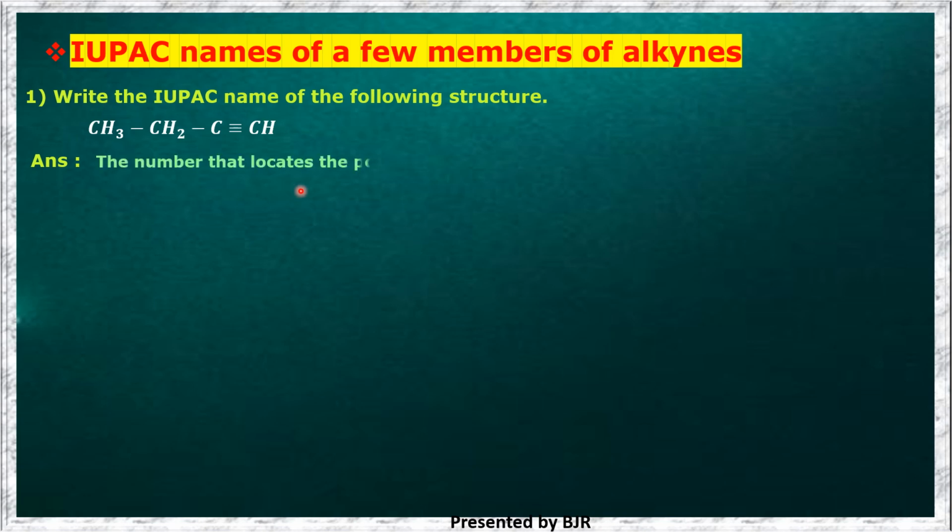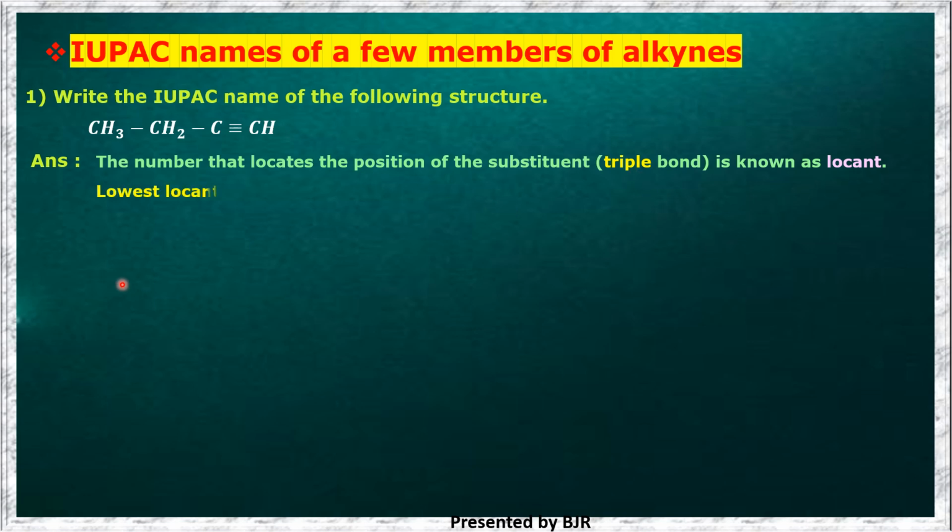The number that locates the position of the substituent, that is the triple bond, is known as the locant. That means here I am considering the triple bond as the substituent. So it is called the locant. Okay. Lowest locant rule we have to apply.